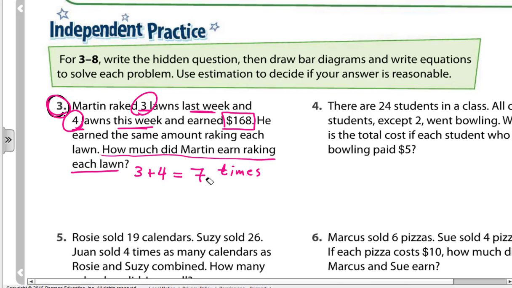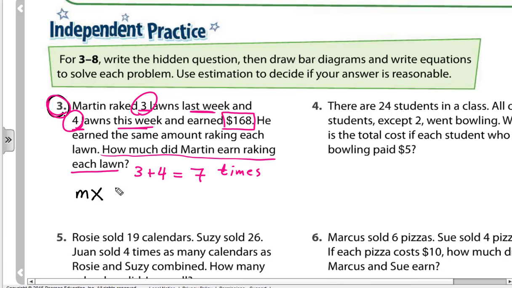Now, for the 7 times, 168. Ali, how to find the number that he gets each time? Let's form an equation, my hero. Let's use a letter M for the number that he gets, the price that he gets.